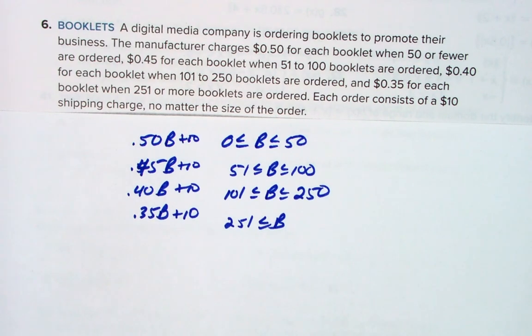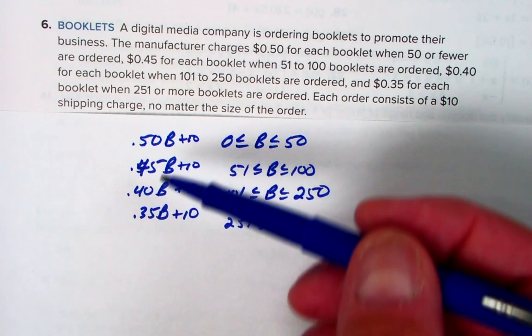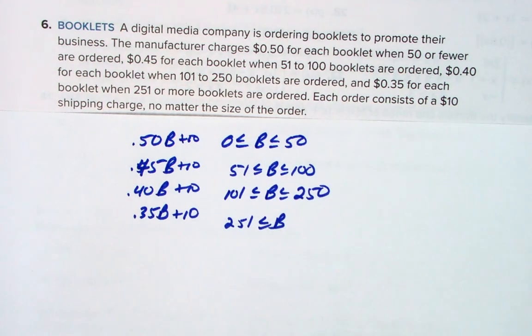But then I'm going to ask you a question, and this is something that coaches have to worry about. Based upon these breakpoints and the costs, can anybody give me a number of booklets that would really be unwise to order?